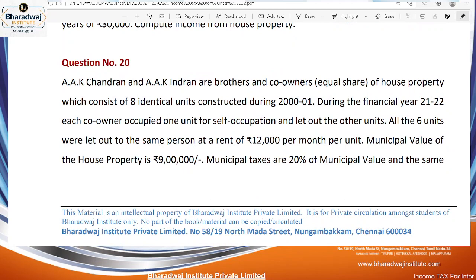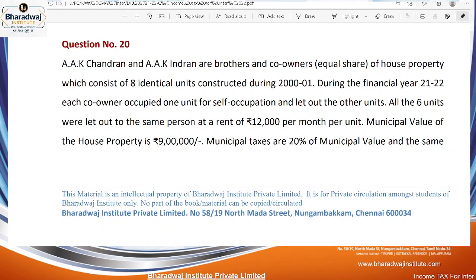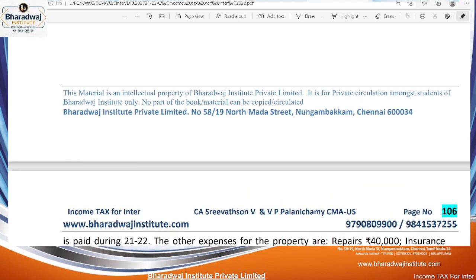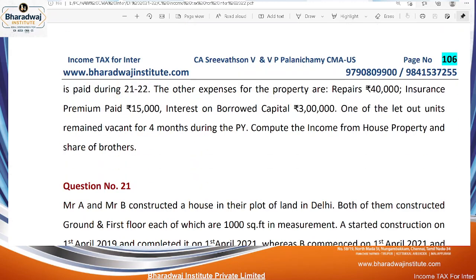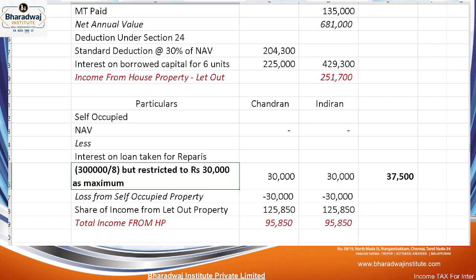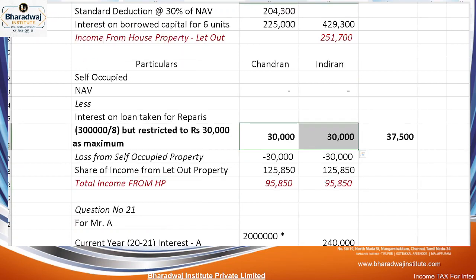Sorry, I forgot to type in the problem that this is the interest on borrowed capital for repairs. This comes to 37,500. But we know that if the loan is taken for repairs of a self-occupied property, we can claim only 30,000.